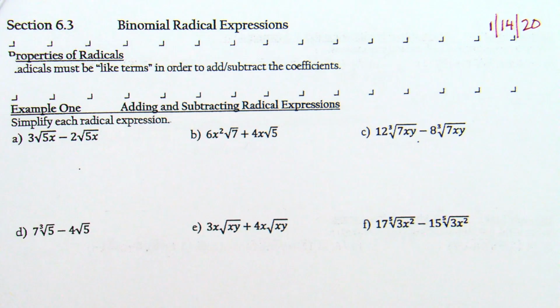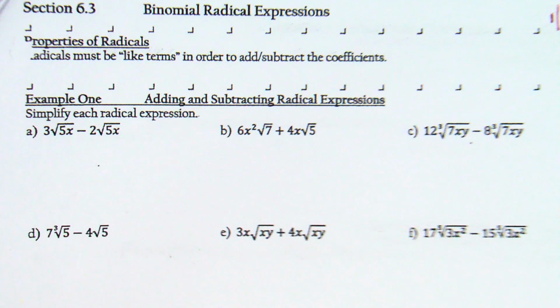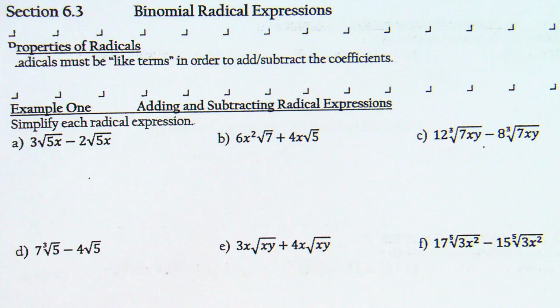Any thoughts on example A, 3 square root of 5x minus 2 square root of 5x? We're going to subtract the 3 and the 2. It's like 3x minus 2x, which is 1x, or x.